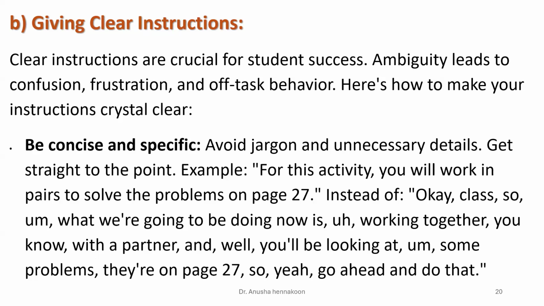Okay, we'll see. Giving clear instructions to the students is highly important for a positive and supportive classroom environment. So here you can see some teachers, when they give instructions, the students cannot understand because of their ambiguous nature. Ambiguous means making students very confused actually.